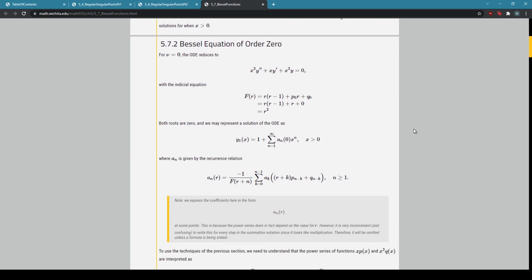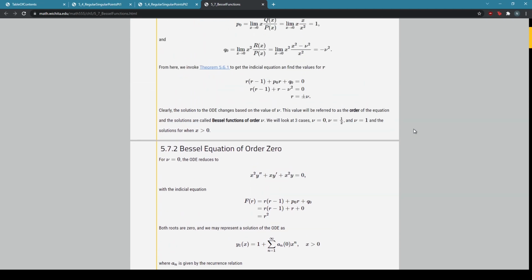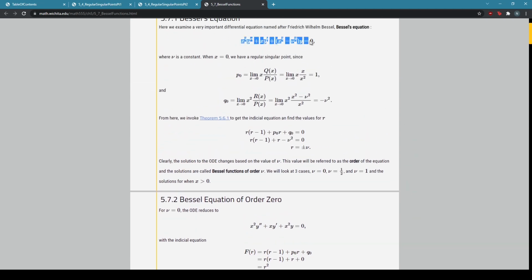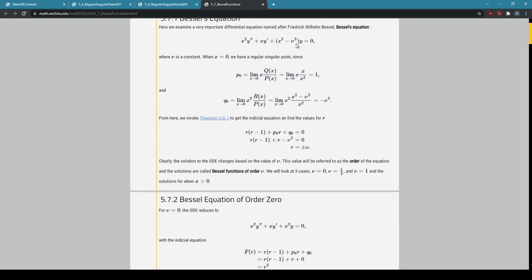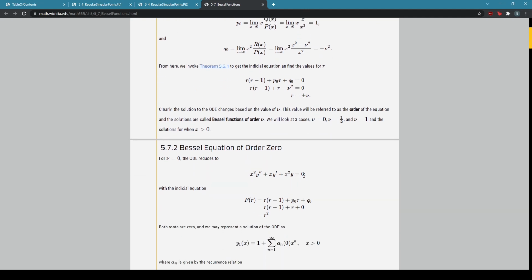So we start with the Bessel equation, but what we want to talk about are the Bessel functions of order 0. So we set the nu value here equal to 0 and come up with this much simpler version of the differential equation.